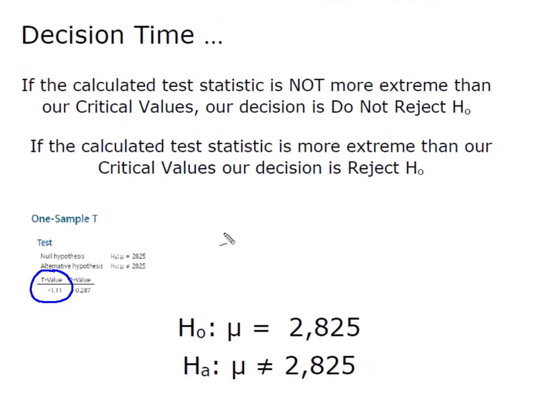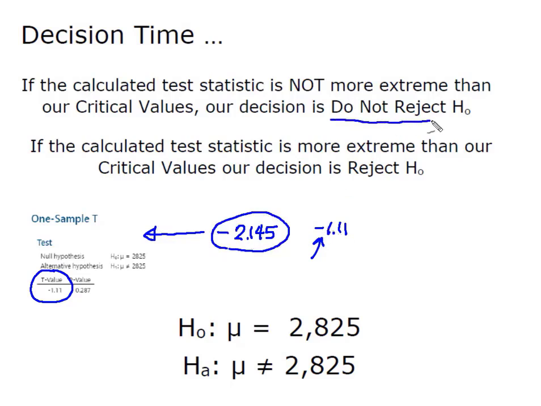Remember that critical value on the left side was a negative 2.145. And so I know that my negative 1.11 is not beyond this. I would have had to get something more extreme than that negative 2.145. So comparing this to this, my decision is do not reject HO.